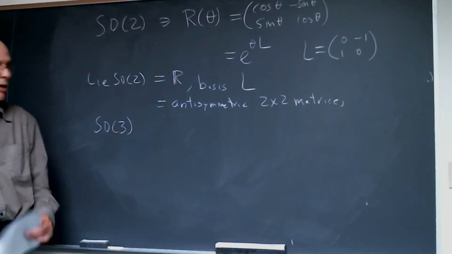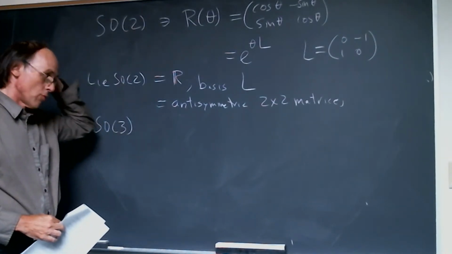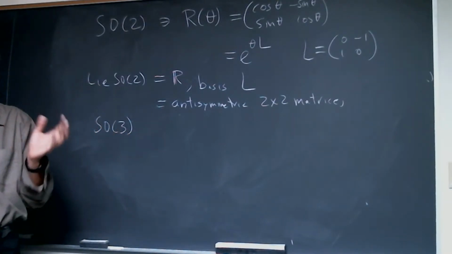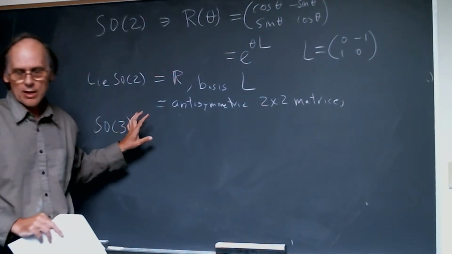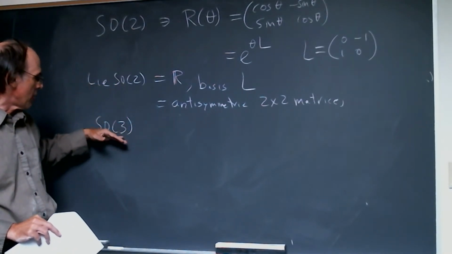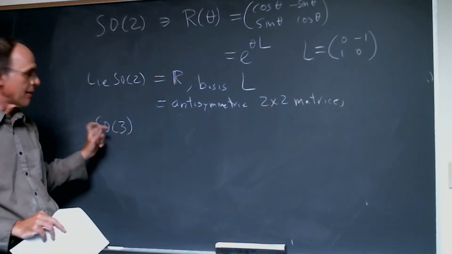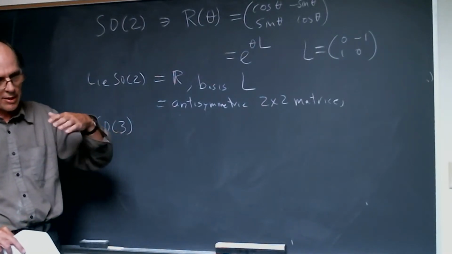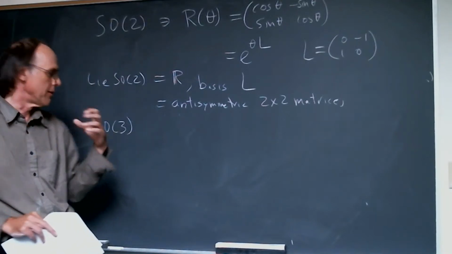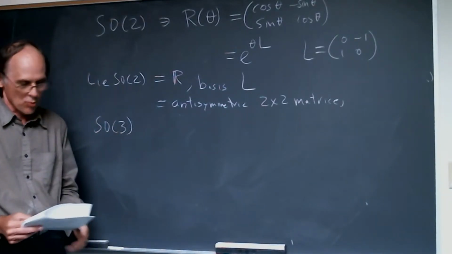I defined SO3 matrices as all matrices that preserve the standard inner product on R3, and also preserve the orientation. So you can think of these as matrices that satisfy the condition that their transpose is their inverse and that they have determinant plus 1.